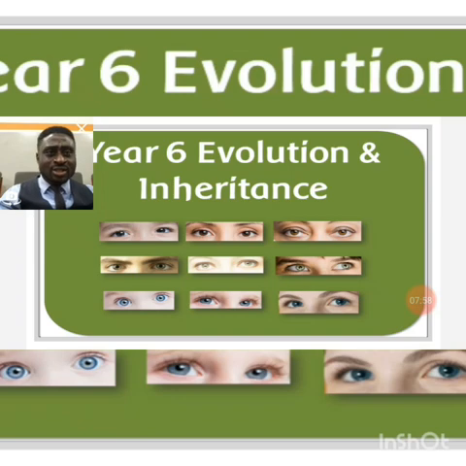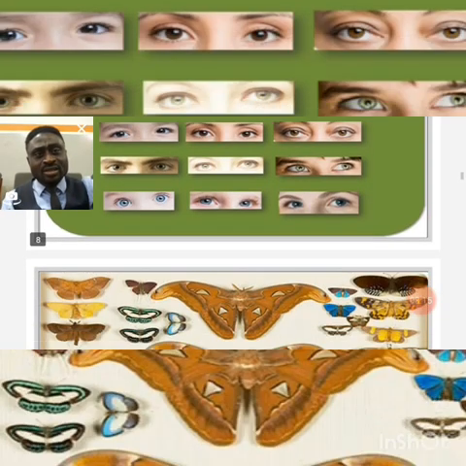Even the eyelashes and eyebrows seem to be different. Some people have hairy eyebrows, some have low eyebrows, some have long eyelashes, some have short eyelashes. Those are variations you find in the environment, and they are a result of evolutionary processes taking place in the body of living things.